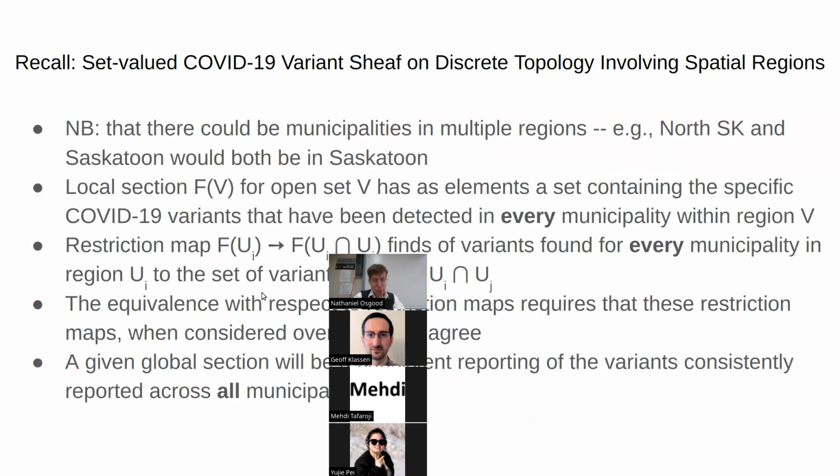Okay, so you remember with sheaves, this is the variant idea with sheaves, the local section has as its elements a set. The local section F of V, for open set V, has as elements a set containing the COVID-19 variants detected in every municipality within region V. It is in the sense of requiring it for everyone.